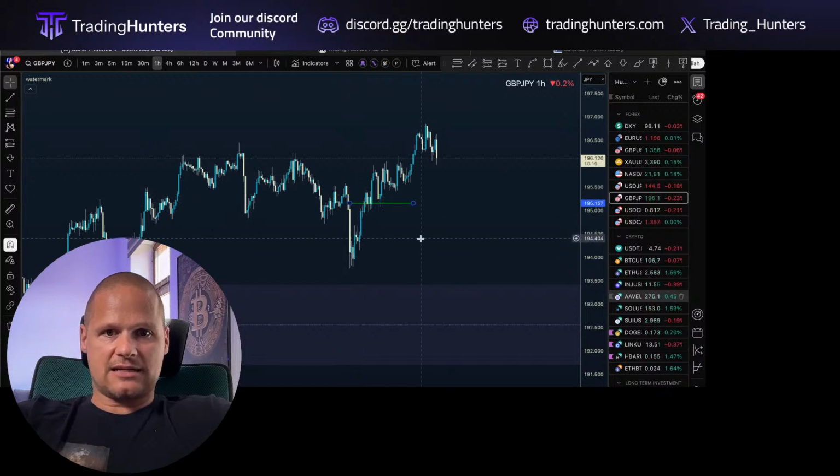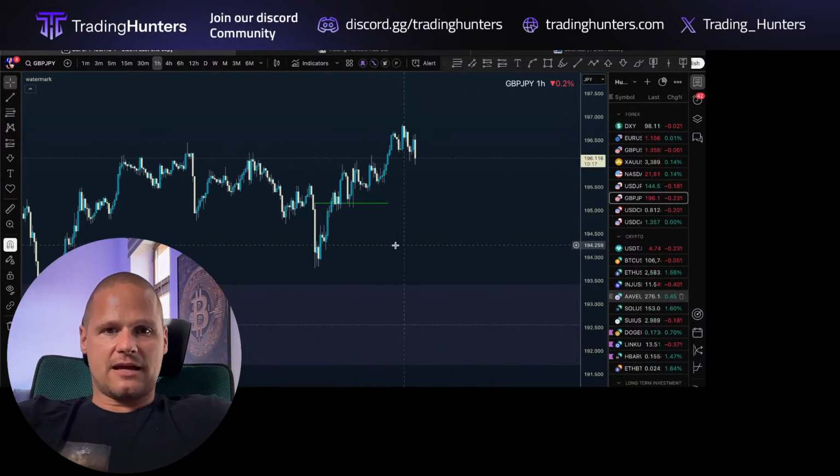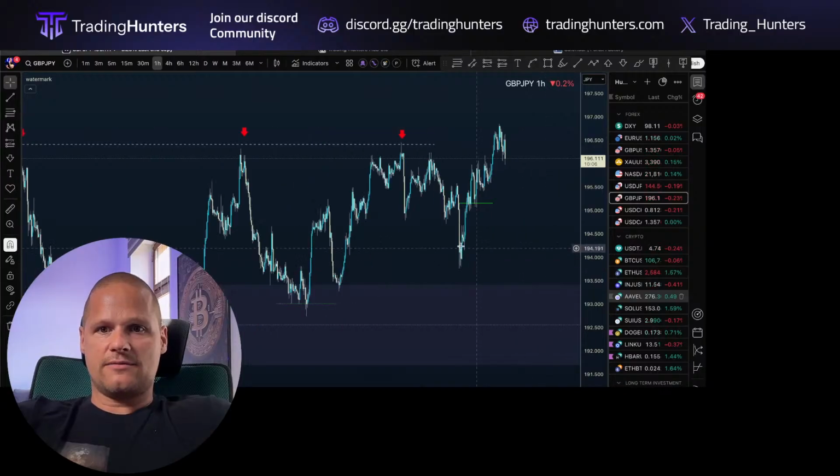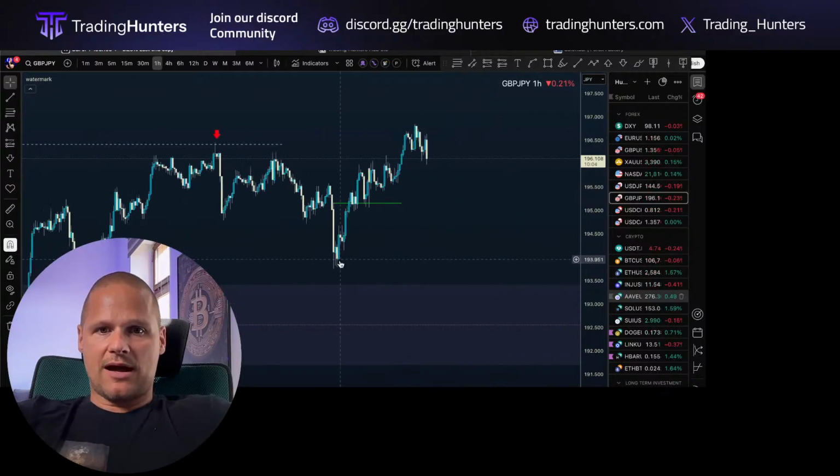It's not exactly our strategy, but if you clearly see 1, 2, 3, and then you have this big drop, and then price closes above it, then you can join the continuation into this liquidity.